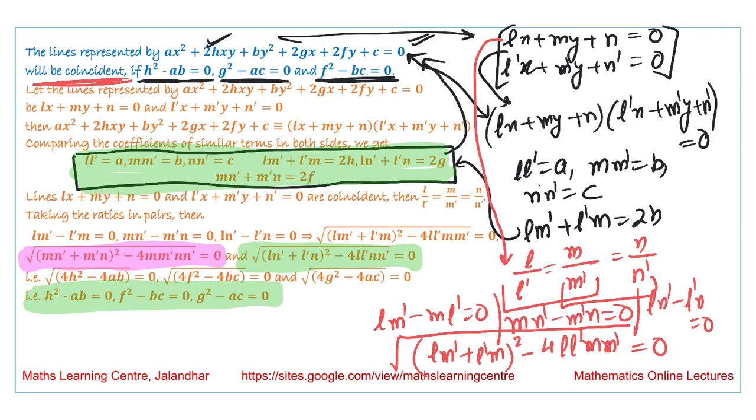So we are saying that the lines represented by the general homogeneous equation of degree 2 will be coincident if these three conditions are satisfied.